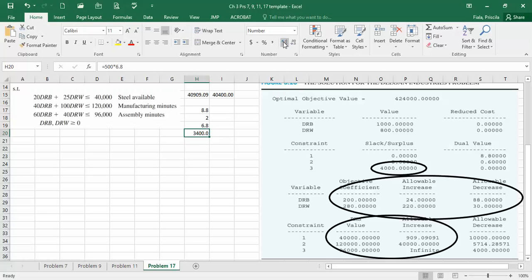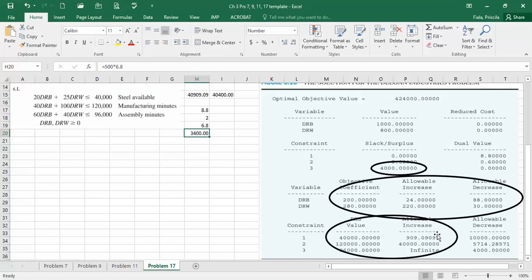Because for each unit increase over here on the right hand side, we're talking about constraint one, each unit increase increases your profit by 8.80. Even though you're paying $2 for the supplier, you're still making the 6.80.